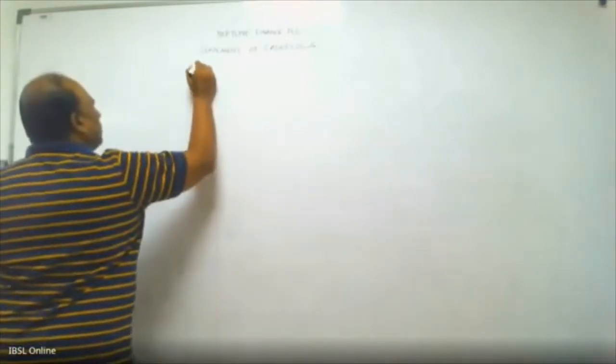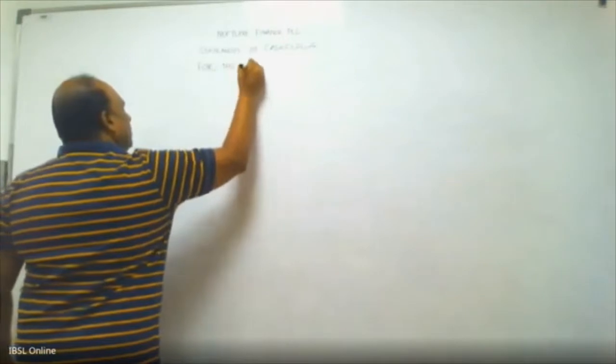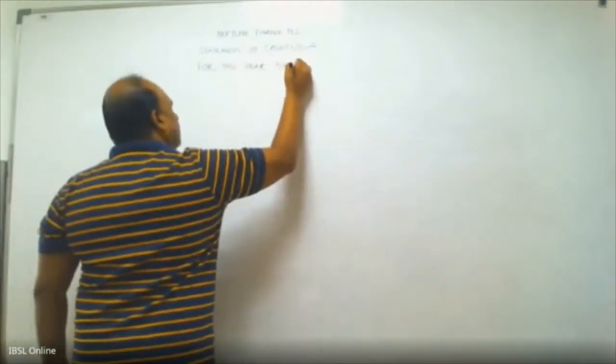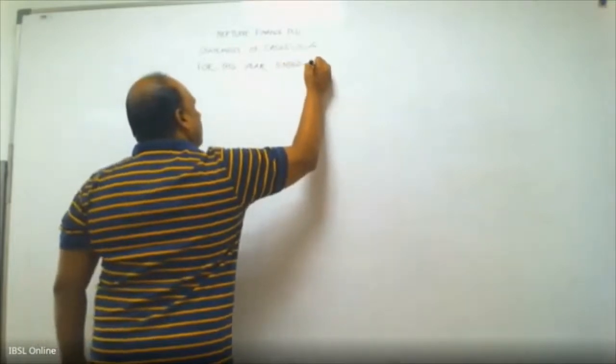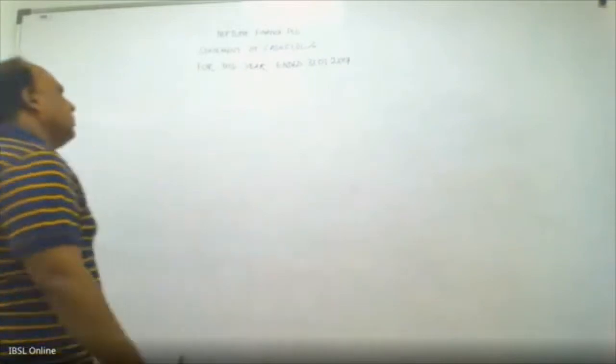Then thirdly, you have to write for which period or which date, whatever. So statement of cash flows is prepared for a particular period, that is a financial year, like the P&L. So you can say for the year ended 31/3/2017, right?